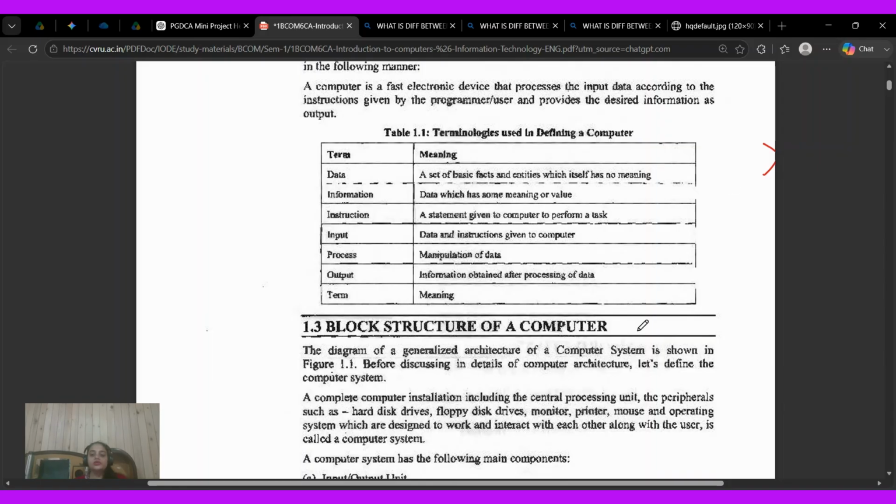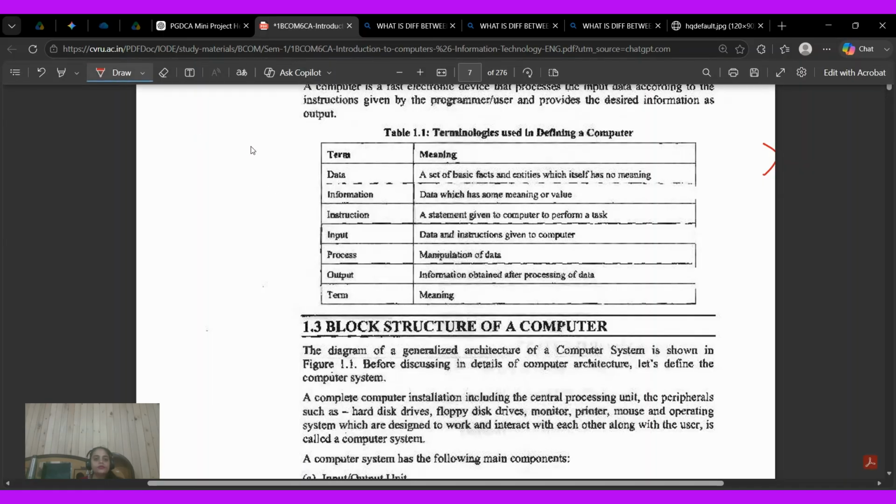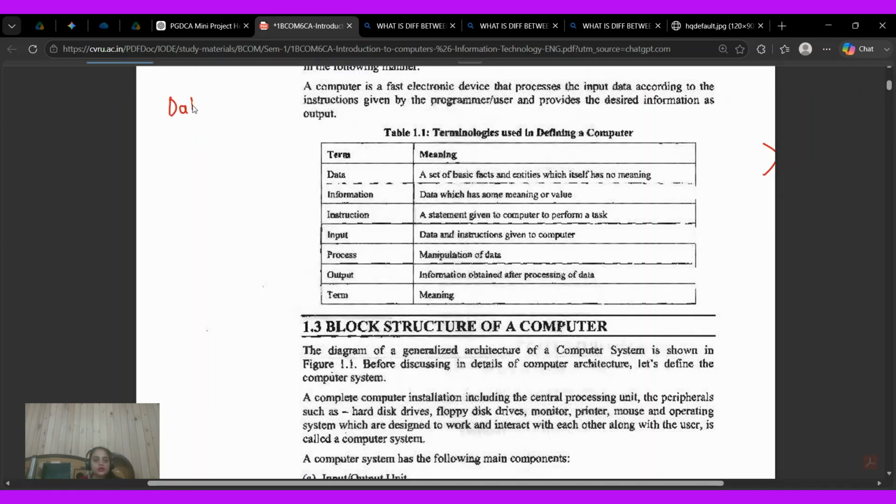Data is a collection of raw facts that do not have meaning by themselves. Raw means unprocessed, like any number you take.